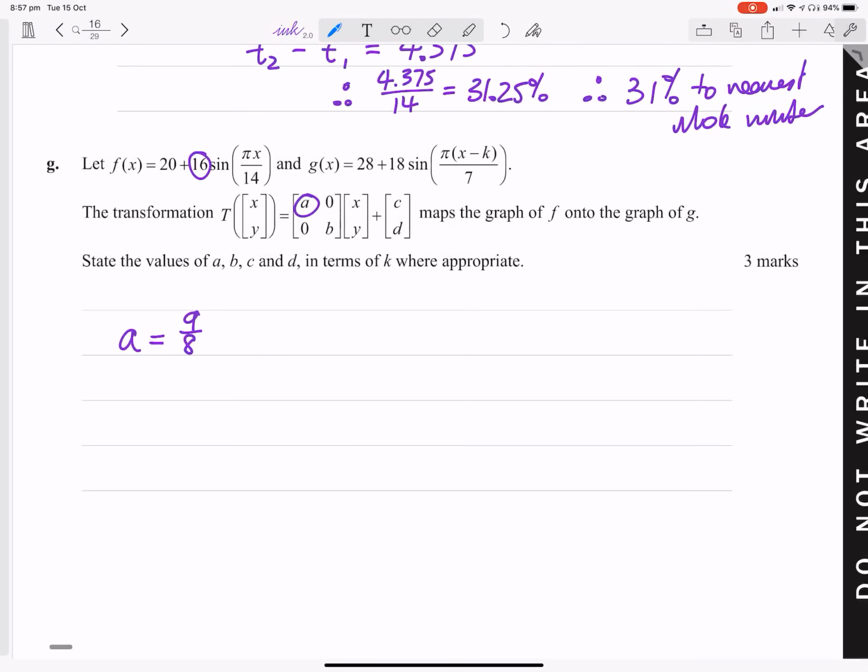So at the moment the period is pi on 14. We want to make it pi on 7. So we're going to have to times the bottom by 2. So we'd have f of x on 2, which is a dilation factor 2 from the y-axis.